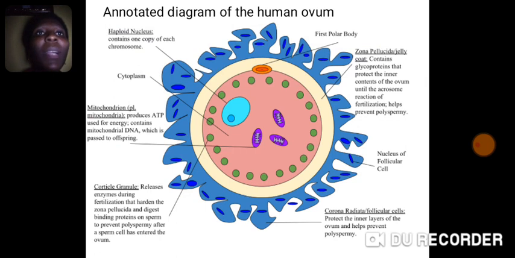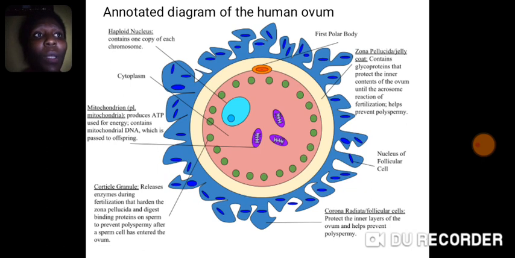Now, taking a look at the human ovum, we want to see the functions of the parts. Taking a look at the zona pellucida, which is also called the jelly coat, what is its function? That roundish membrane, the covering of the egg, is the zona pellucida.